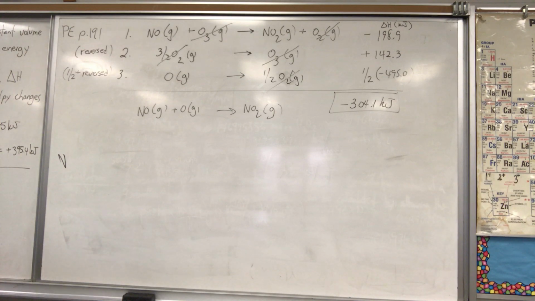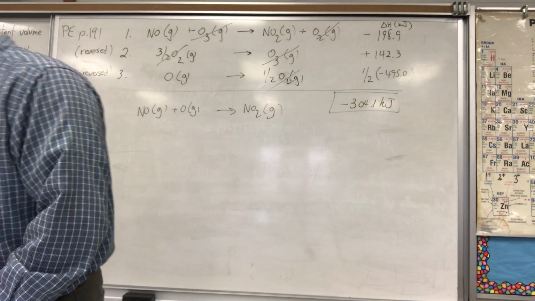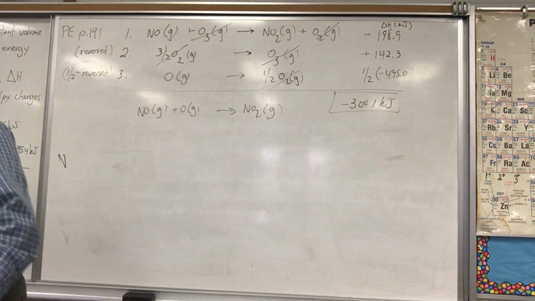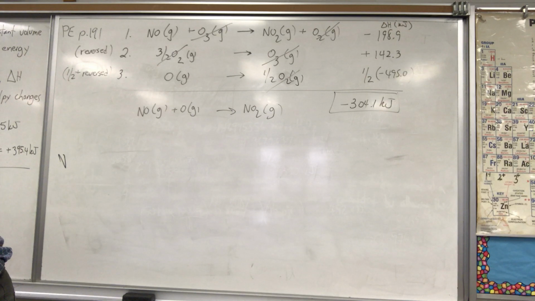Now, it's not just heats of reaction that have been measured. Many types of enthalpy have been measured and documented in reference books like the Chemical Rubber Company Handbook, the CRC. It's a book about this thick, and they publish it every year since 1904 or something. It's in the 107th edition now, I think.